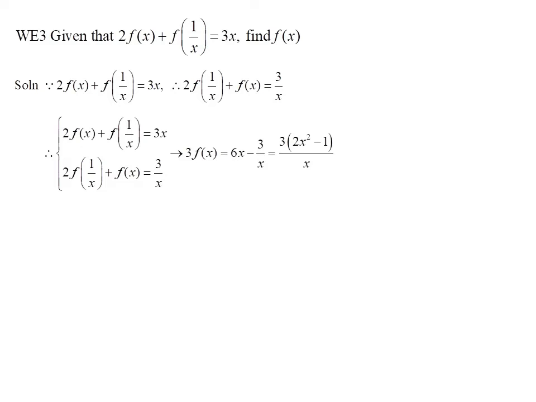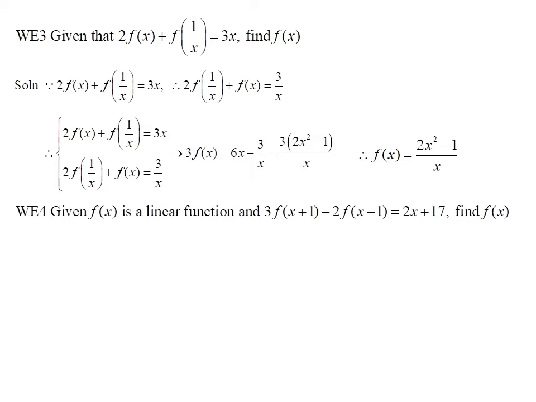Based on the two simultaneous equations, we can take proper steps to eliminate f of 1 over x and find the expression of f(x), which is 2x squared minus 1 over x.